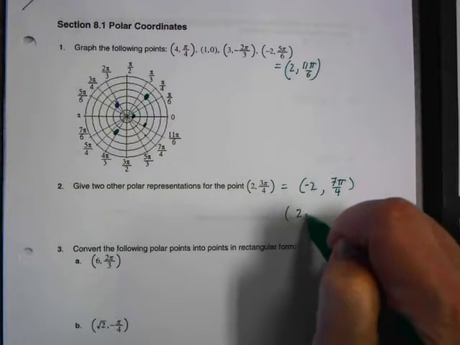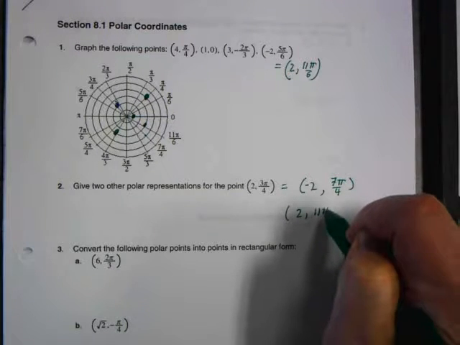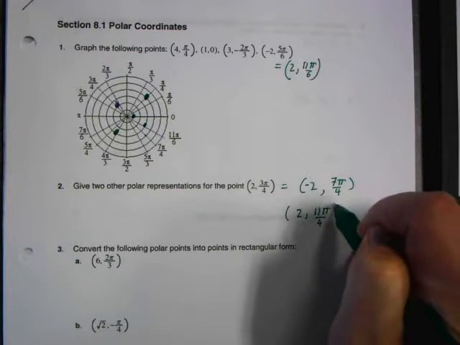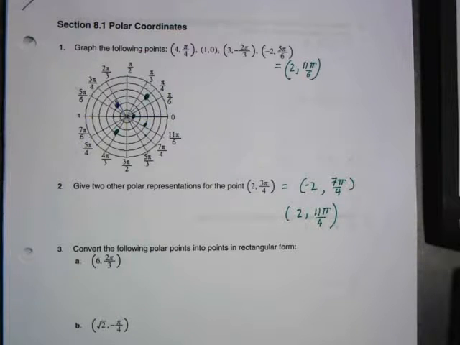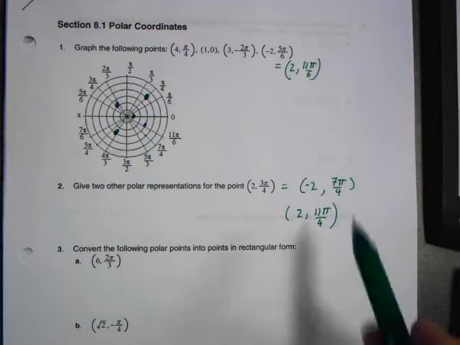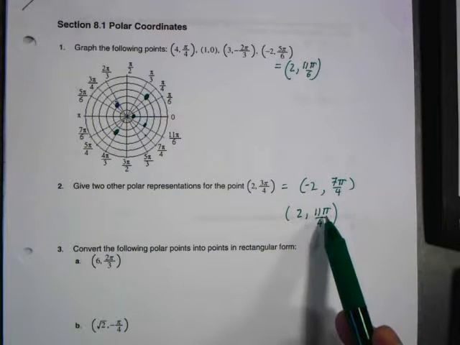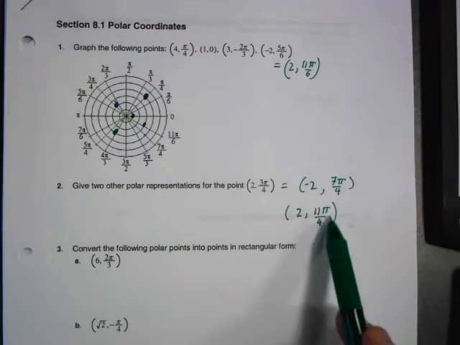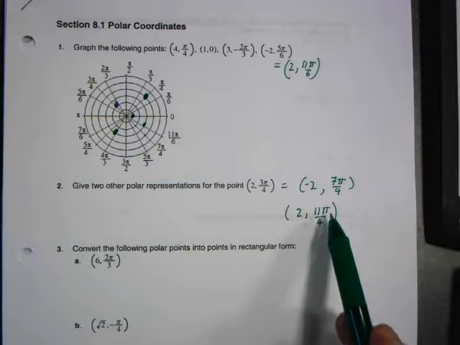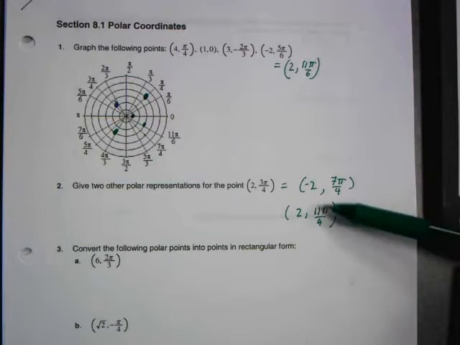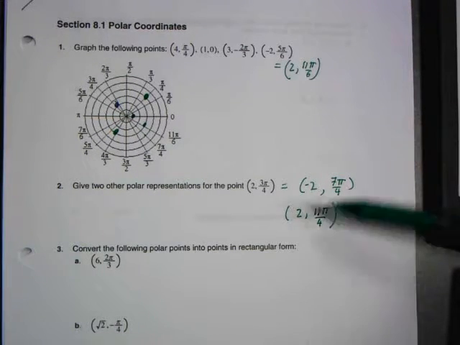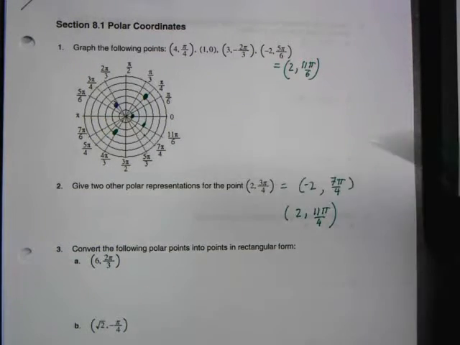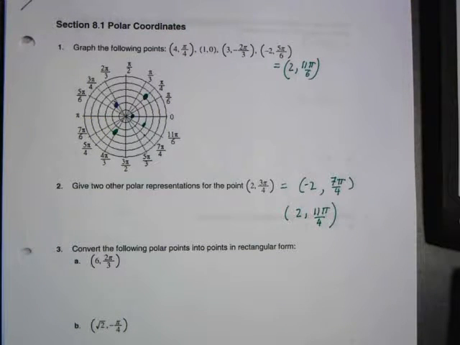How did you get 11π/4? You added 2π. So if you add 2π, you get 8π/4 added, which would be 11π/4. So that would be another way to get the answer. You could add 2π again, you could subtract 2π, you could subtract 2π again. There are lots of ways to get correct answers. Again, there's an infinite number of correct answers.